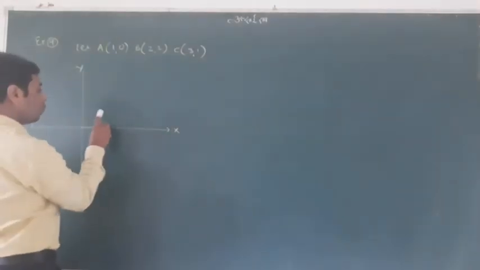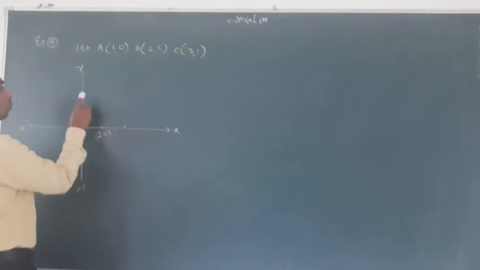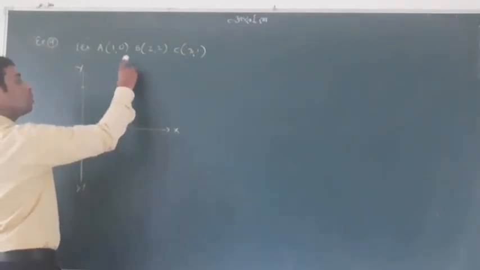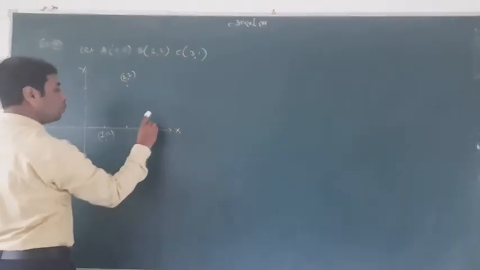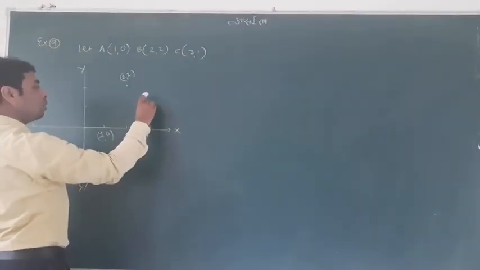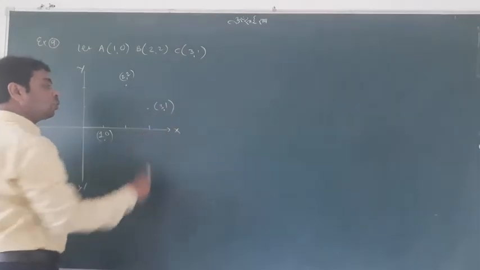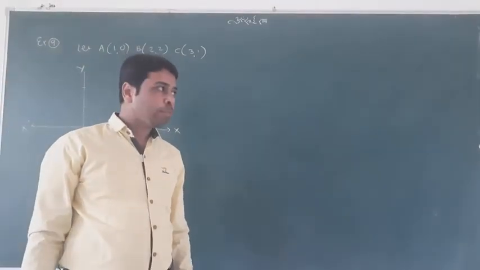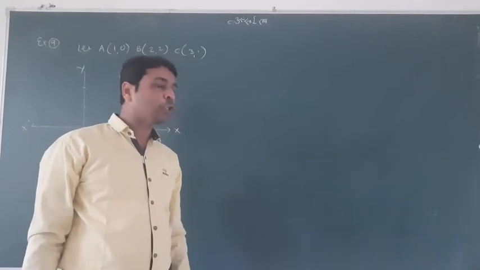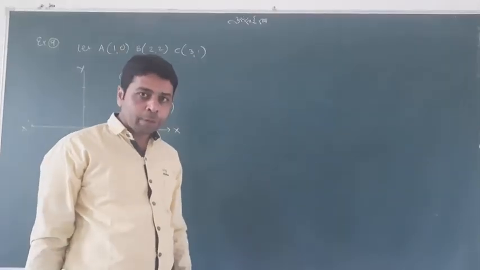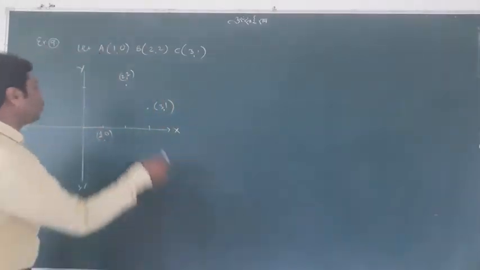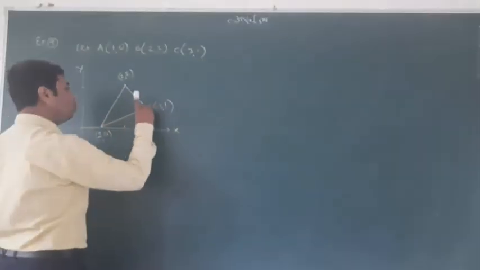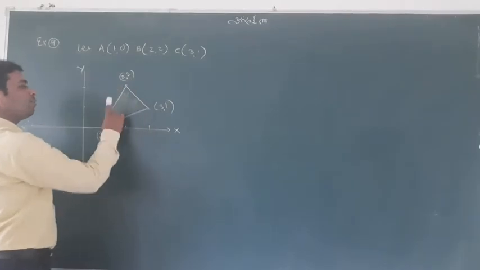Suppose this is 2, so (2, 2) is here, and (3, 1): suppose this is 3 and this is 1, so it's (3, 1). One should understand that the graph should be good, meaning all the points should be plotted in the proper place, then you can join all the points and then find this area.